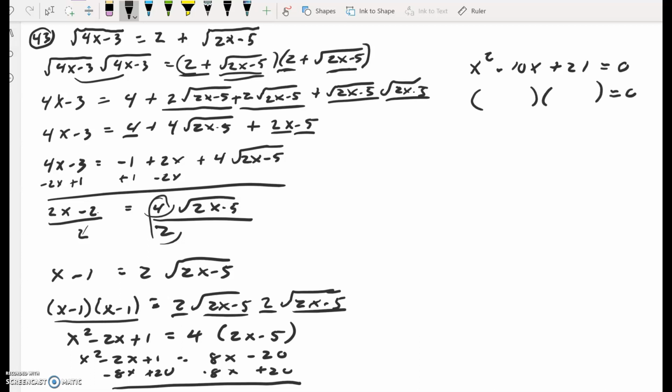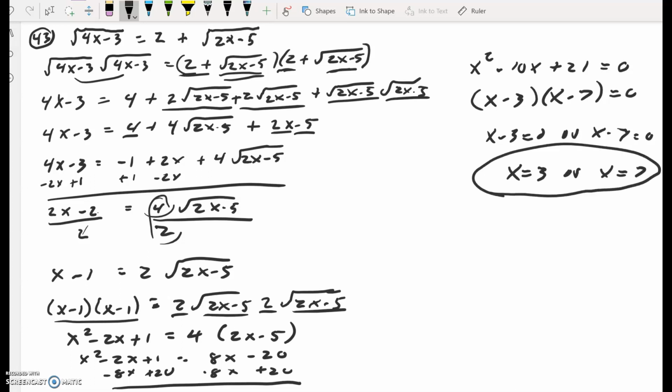Factoring, we have x minus 3 times x minus 7 equals 0. So x minus 3 equals 0, or x minus 7 equals 0. Add 3 to both sides, we get x equals 3, or add 7 to both sides, we get x equals 7. I think those are the answers, but they must both be checked in the original.